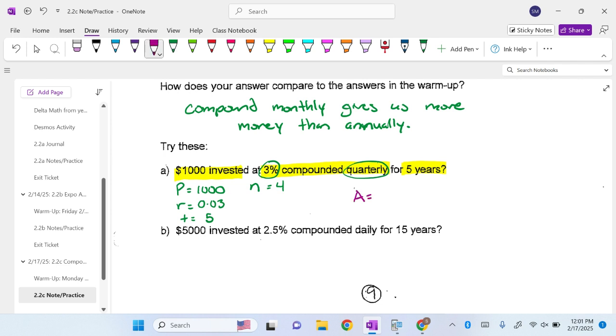So A equals 1,000 times 1 plus 0.03 divided by 4, all raised to the power of 4 times 5. All right, take a minute, put that in your calculator, see what you get.